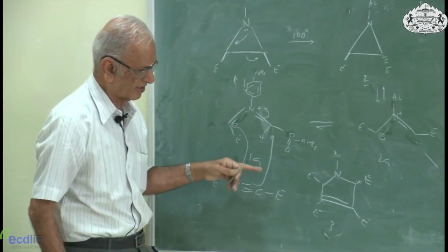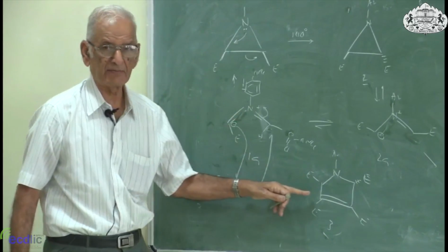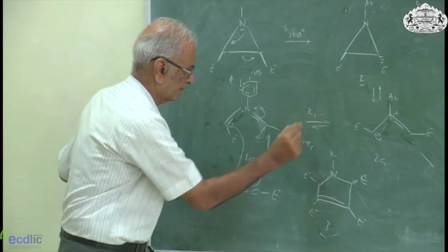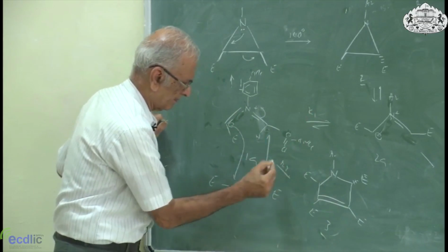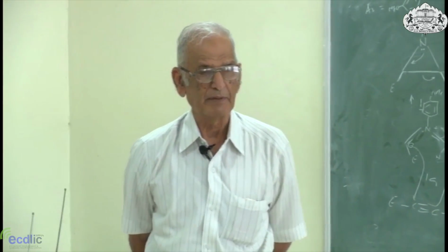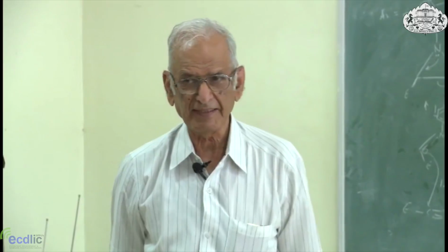When I do this addition, this reaction is very fast. So, K3 is much faster than K1. Before it undergoes bond rotation, it undergoes cycloaddition. Therefore, starting with 1, I get single product 3.